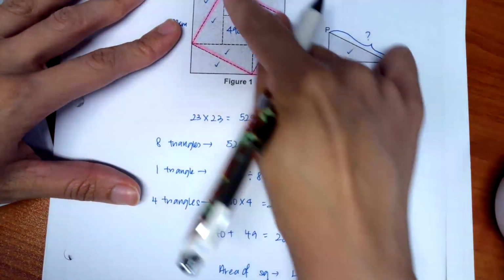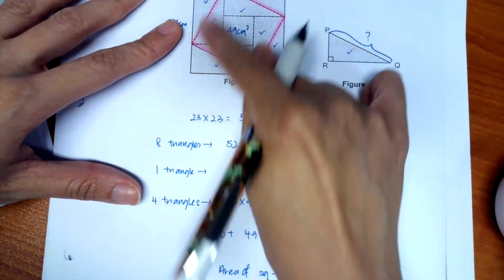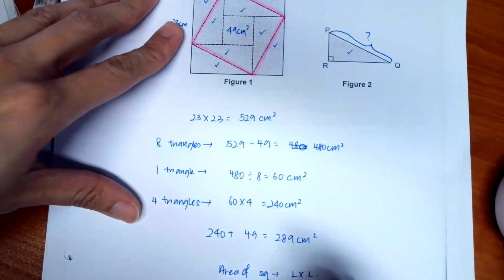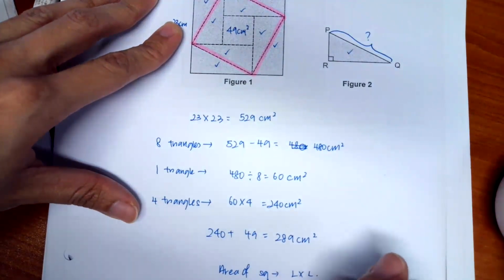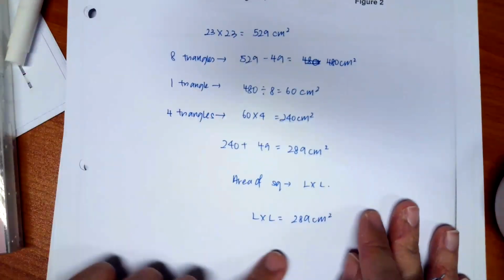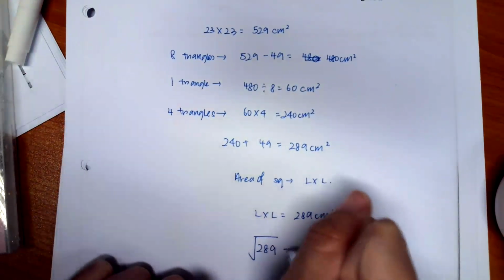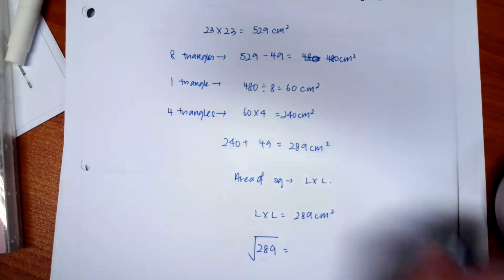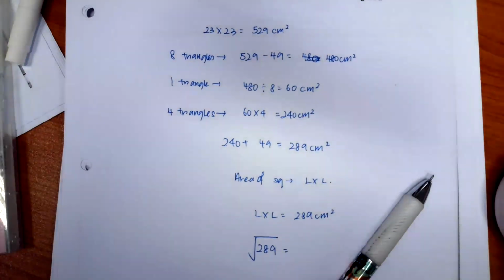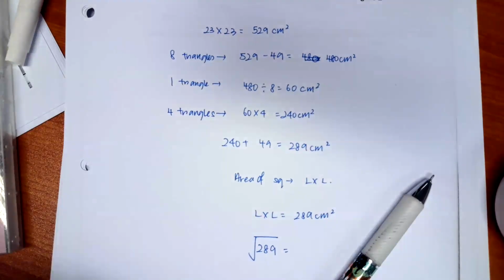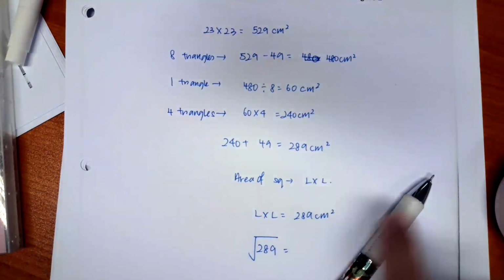So length times length gives me the 289 square centimeter, the pink one. To find one side of the square given the area, I simply square root 289, and I should get the answer of 17 cm.